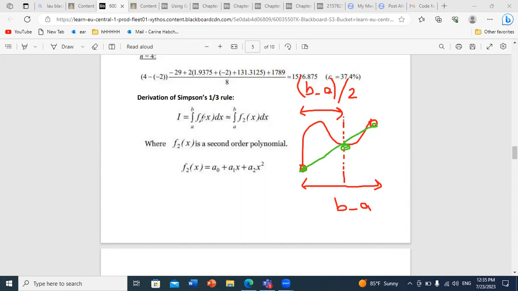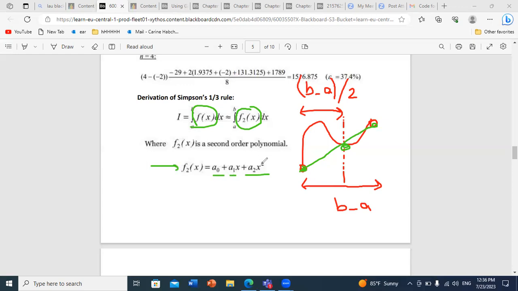We are trying to replace the function f of x by another function f2 of x, and this function is of second order. We can write it because it's proportional to x squared. Then we have to determine three coefficients: a0, a1, a2. So f2 of x will be of the form a0 plus a1x plus a2x squared.